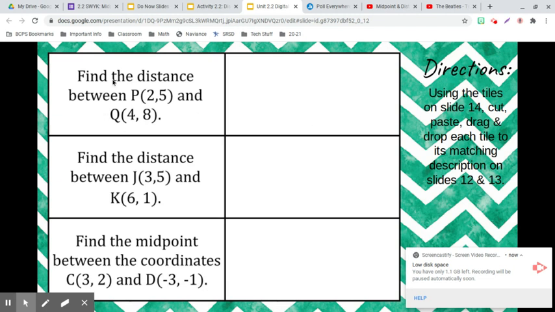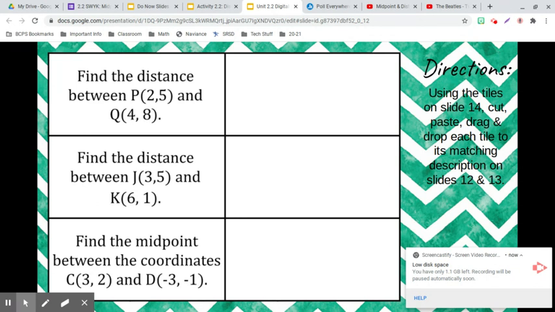So we'll start with find the distance between points P and Q. We already have our distance formula on our paper that we just wrote on. I'm going to draw a little line there.